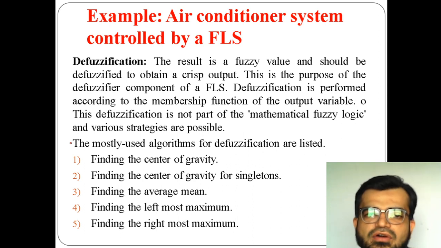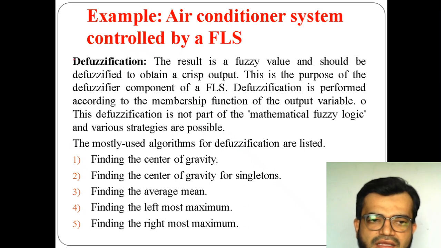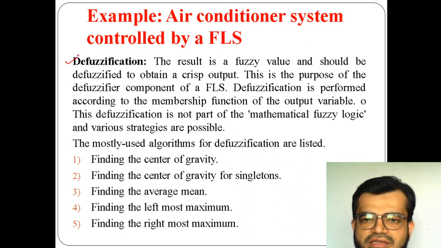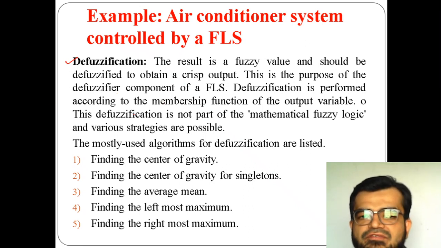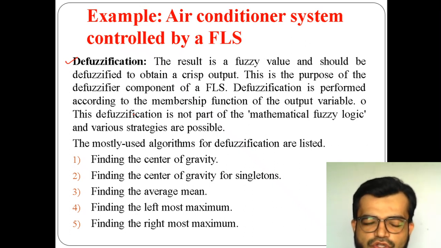Now finally, what we are doing is the defuzzification process. Just now I told you what it is. We are taking the output fuzzy values and converting them into crisp data, which you get through the membership functions of the output variables. The defuzzification process is not part of the mathematical fuzzy logic, so we are not considering it in detail, but we are seeing the strategies.